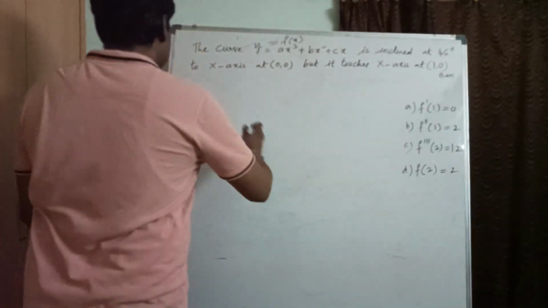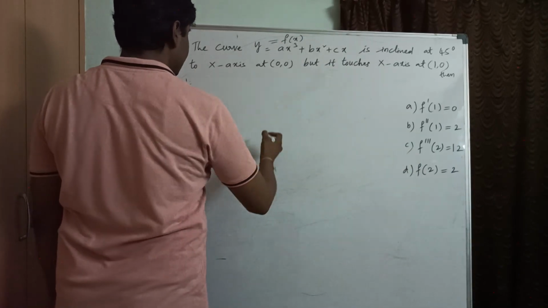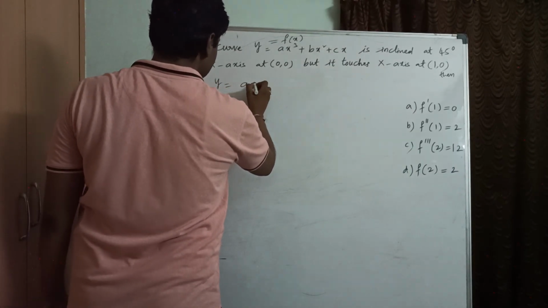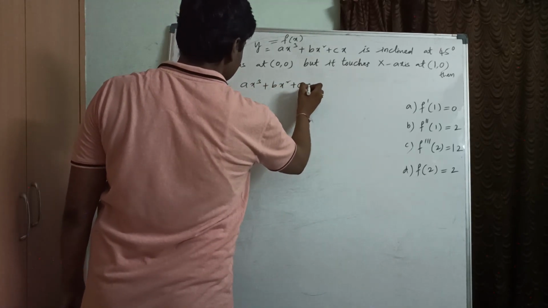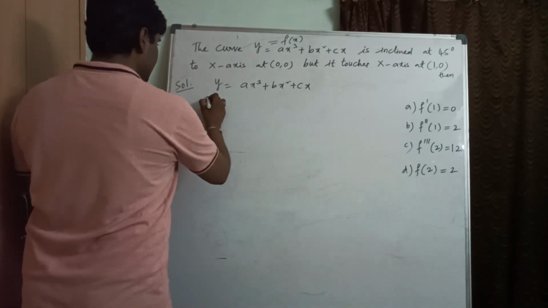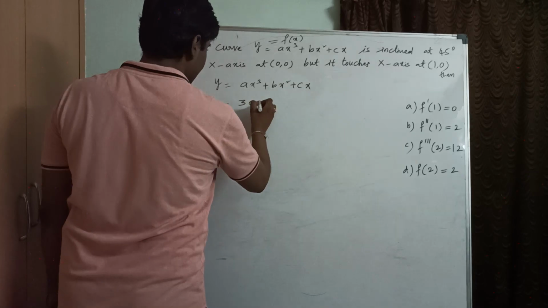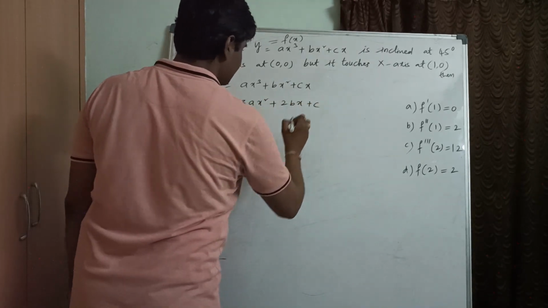For that, clearly it was given that it is making 45 degrees, which means the slope is 1. So let me take y equals ax cube plus bx square plus cx. Now derivate this one: dy by dx equals 3ax square plus 2bx plus c, correct?